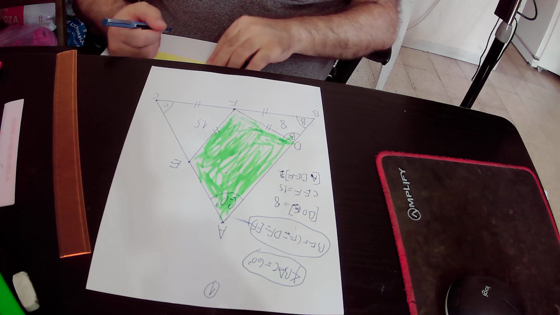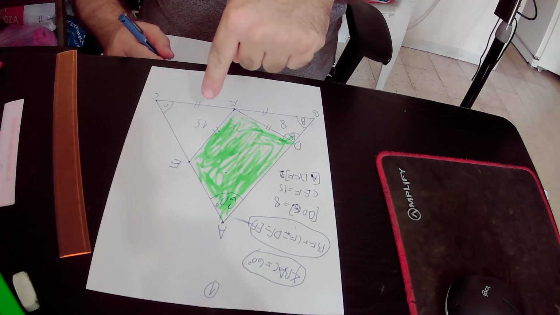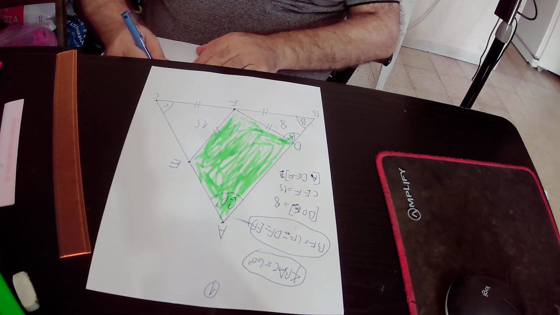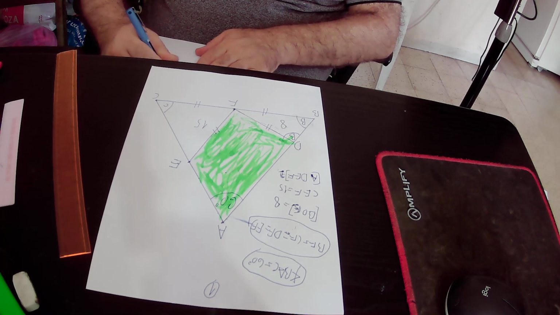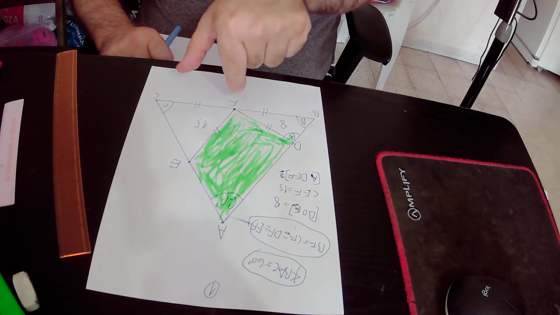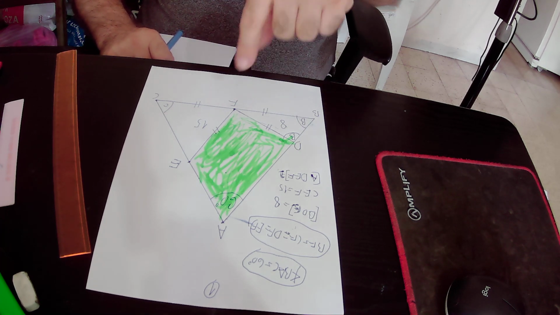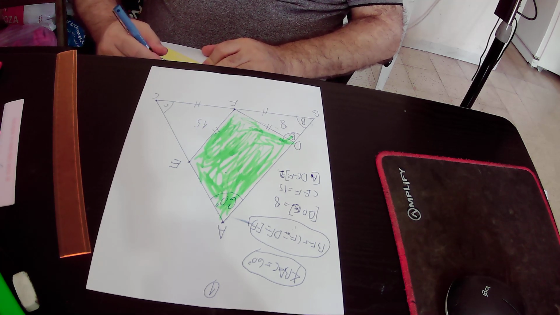And the same thing is about triangle FEC. In triangle FEC, side FC of triangle FEC is equal to side FE of this triangle.